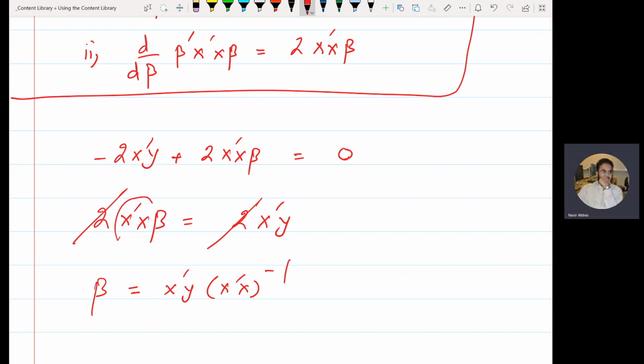I just took this thing. Can't we cancel? No, we can't. Oh, no, we can. We can cancel, but the objective is to keep only beta on the left side. Then what will you do with x?